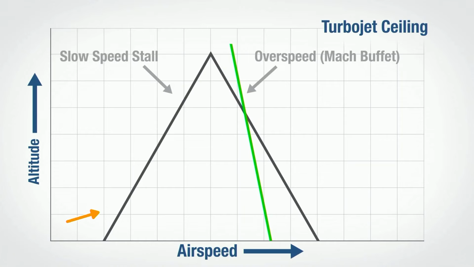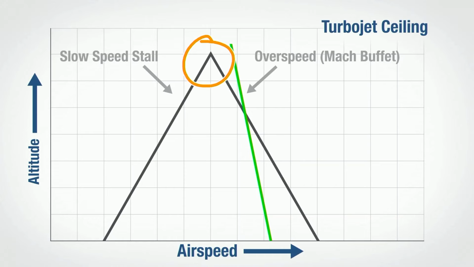Stall speed is going to increase as we get higher up. Okay, so essentially the air is less dense. We need to fly the aircraft faster to prevent it from stalling. At some point, the stall speed and the overspeed will end up meeting. And this point right here, we call Coffin Corner.